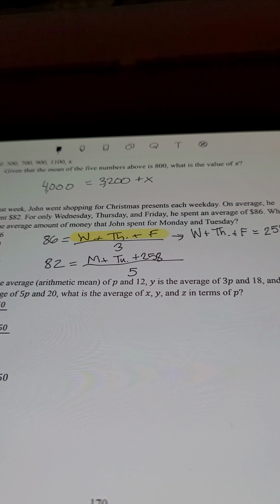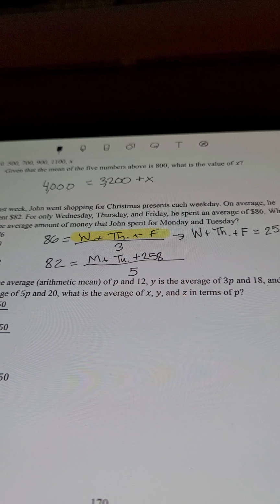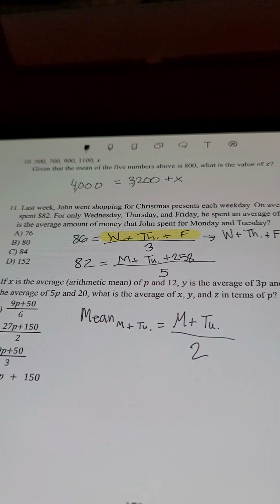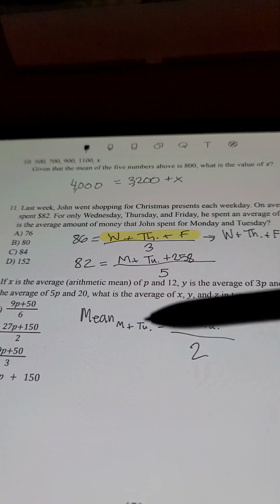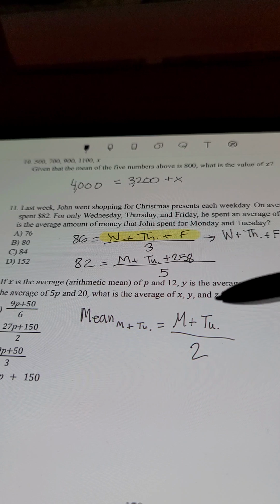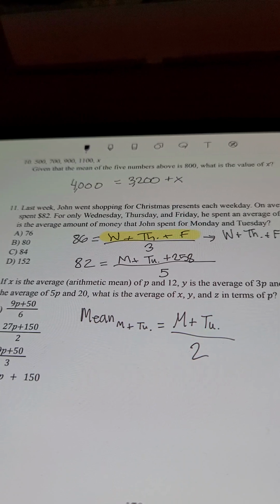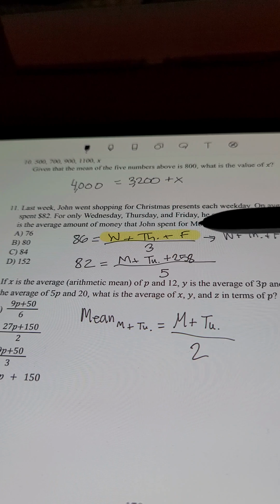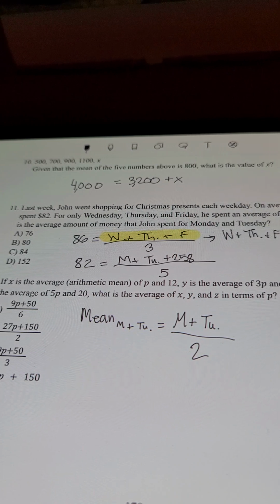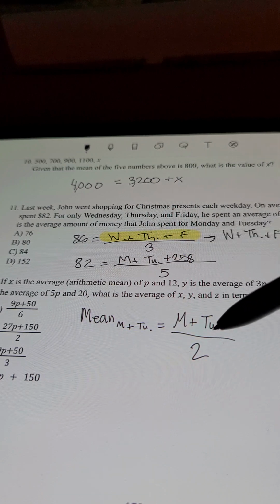Now remember, the question's asking me to find the mean for Monday and Tuesday. If I want to find the mean of Monday plus Tuesday, it's equal to the sum of Monday and Tuesday's spending divided by the 2 days that he's spending. So if I can figure out what Monday plus Tuesday is up here, I could plug it in here to get the mean.